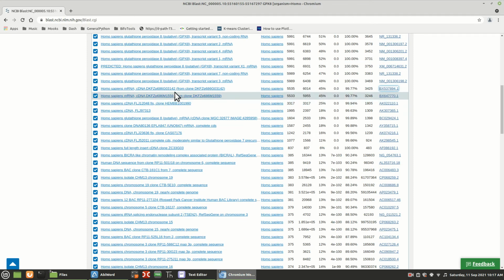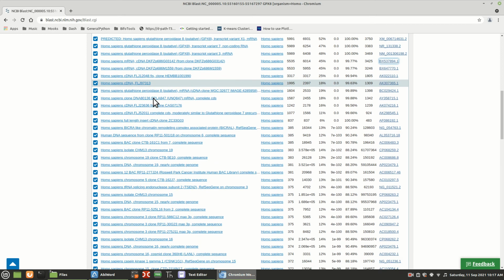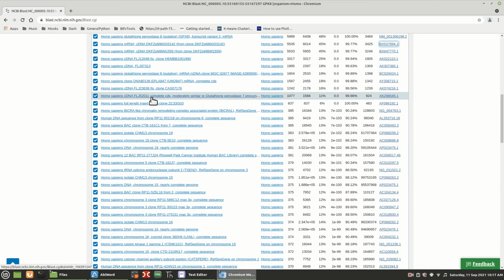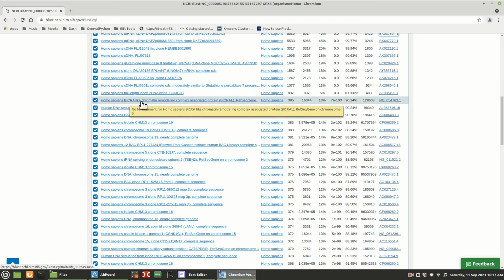Alright, now we scroll down. More clones, cDNAs, another glutathione. Okay, now here's something a little different. Homo sapiens BICRA-like chromosome remodeling complex protein.